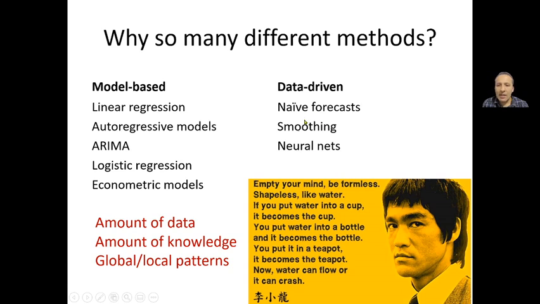With this one it is just mathematics, and particularly in neural networks it is probably computer power. In order to choose what is best for you, the amount of data, the amount of knowledge, and global and local patterns are very important, together with whether you are using a theoretical model. If you are trying to beat someone's forecast, this is probably a good model to try to find a superior forecast.